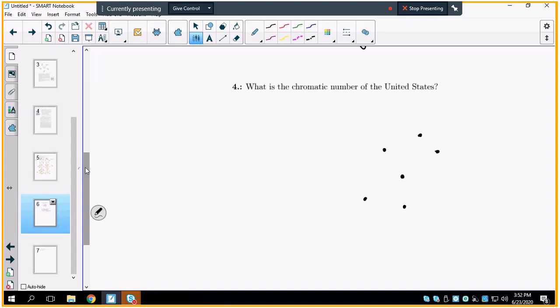So let's say that I just made Georgia this vertex, and this is Florida, Alabama, Tennessee, North Carolina, and South Carolina. Then 2 states will be connected by an edge if they share a border.